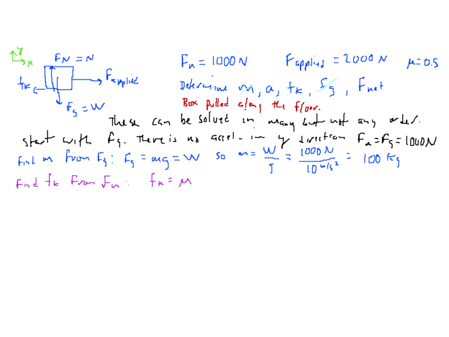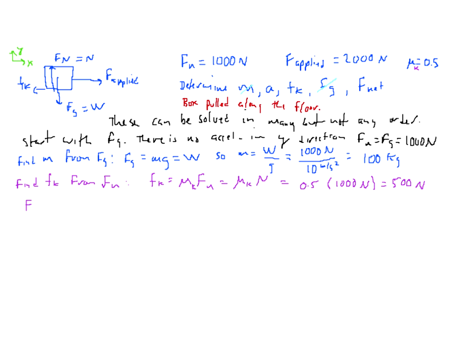So f sub k equals mu times f sub n, or mu, and I should have said mu sub k, equals 0.5 times f sub n, which is 1,000. So that's 500 newtons. The applied force is 2,000.